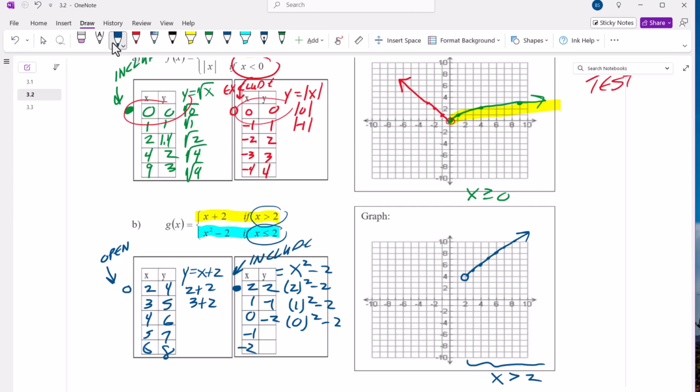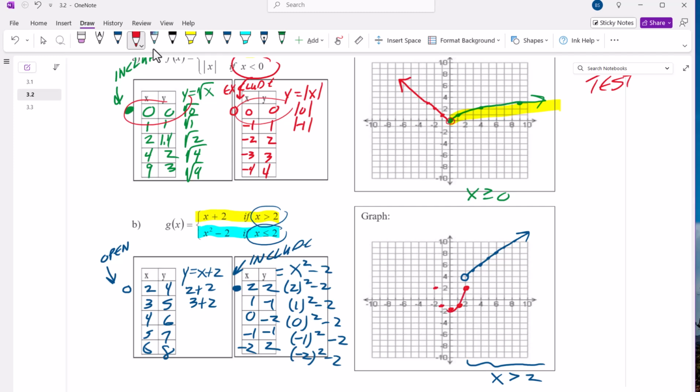And then you'll get your numbers here. Now, when you get down to -1, if you do -1 squared minus 2, that'll give -1. If you go to -2 squared minus 2, that's 4 minus 2, so that's 2. So your second graph, you would have a point 2, 2 with a solid dot, and then the rest of these points, just plot these.